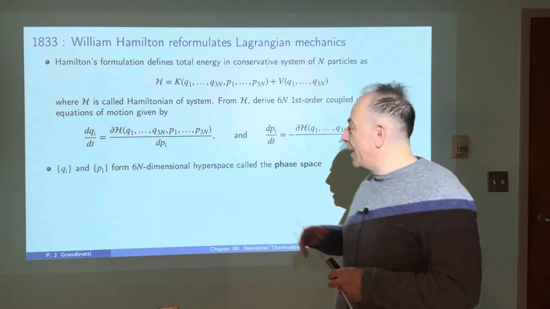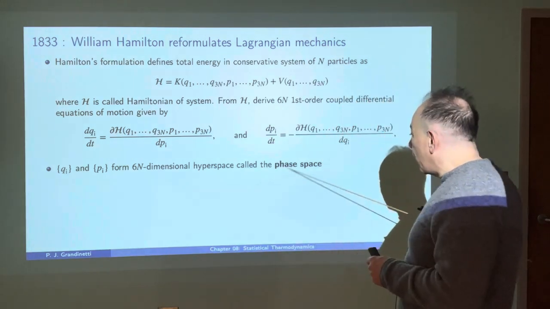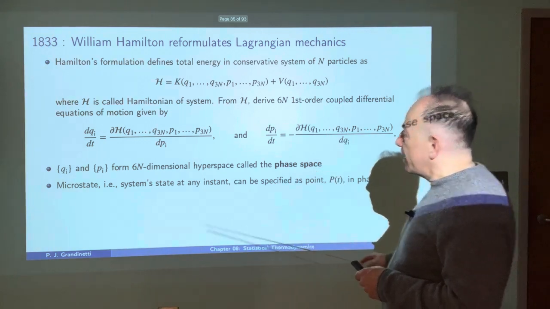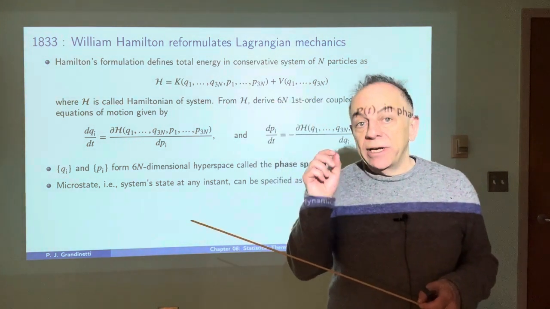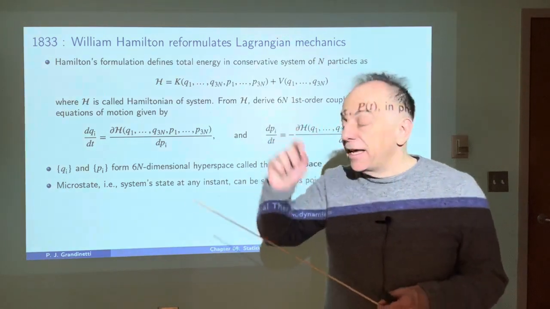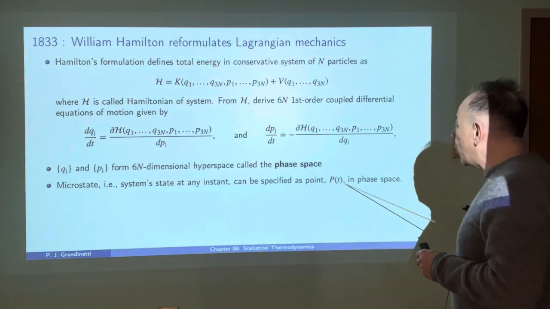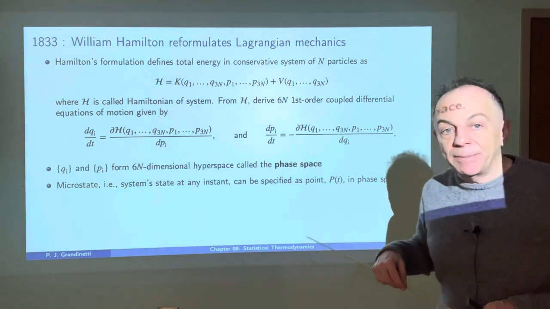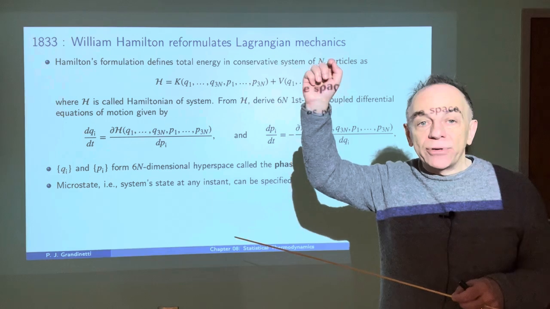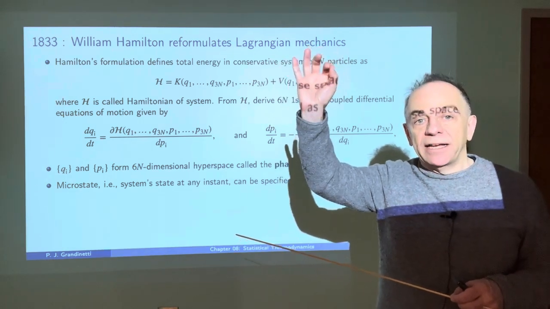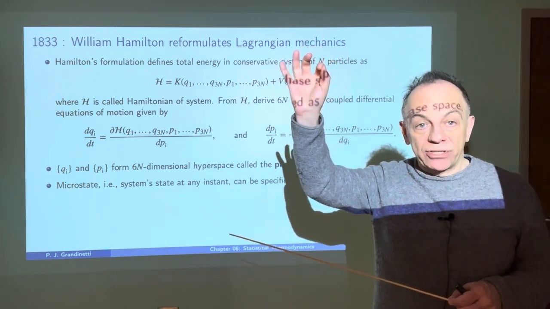In that space, which is what we call phase space, the system state at any instant in time, which is when it's in a given microstate, is going to be represented as a single point in that phase space. So a single point in phase space represents a system that's in a given microstate.